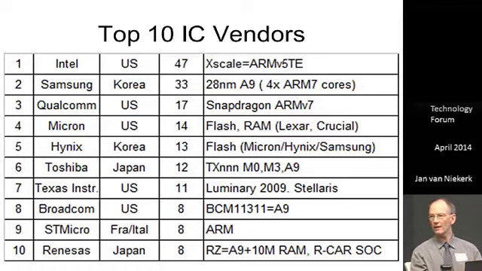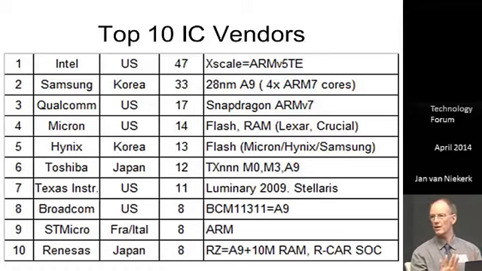Now on the right-hand side, I wrote down what kind of ARM activity is going on at that vendor. And as you can see, for all but two of them, number 4 Micron and number 5 Hynix, they're making some kind of ARM processor.